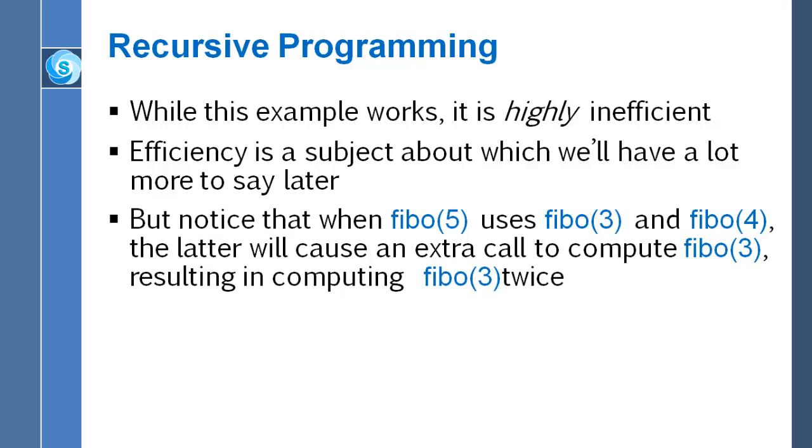It makes a recursive call in particular to compute Fibo of 3. So you've got Fibo of 5 using Fibo of 3, and you also have Fibo of 4 making a separate call to Fibo of 3. So basically, when you compute Fibo of 5, there are going to be 2 recursive calls involved for the purpose of computing Fibo of 3. Okay, there's redundant work done there.